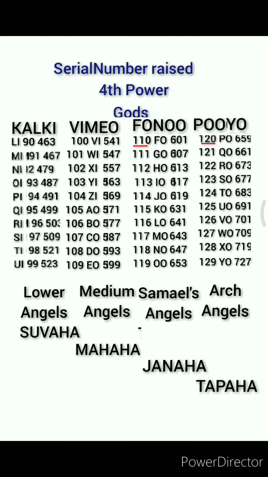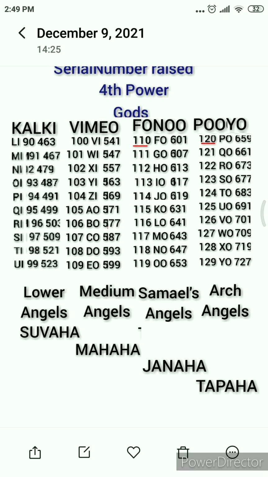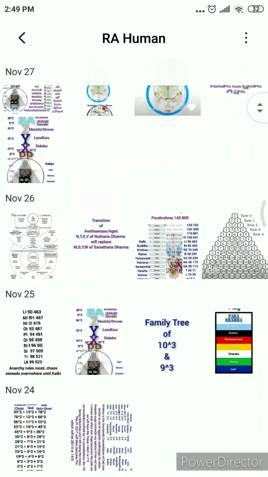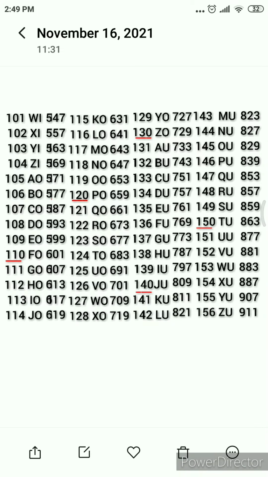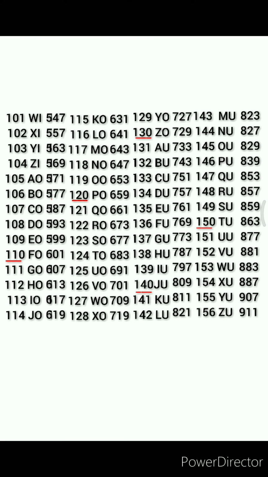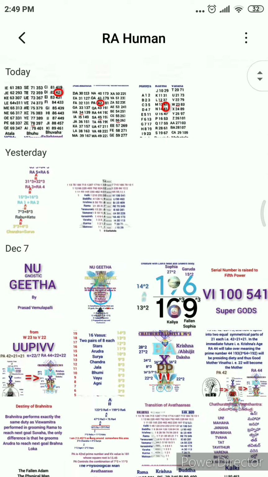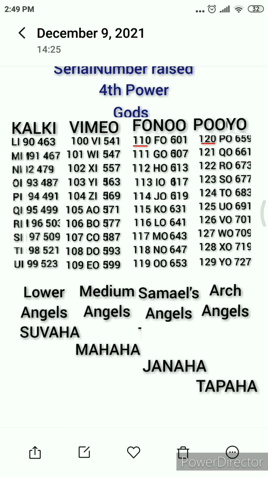And 110 and 119. Let us check what they are. 110 is somewhere here, FO, and 119 is OO. So naturally his name would be FO, who ends with OO.